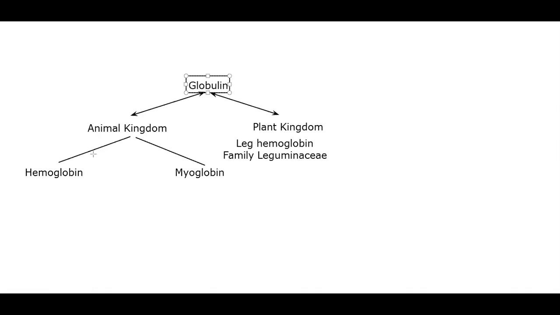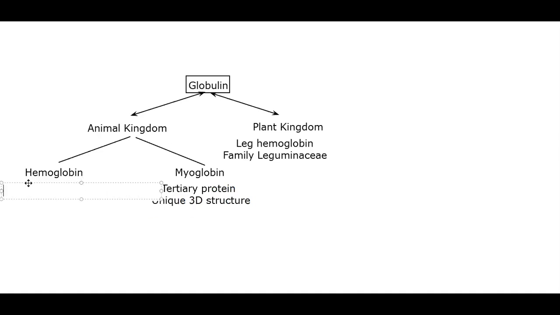Now when you look at the structure of hemoglobin and myoglobin, what you find is that myoglobin is a tertiary protein. As it is a tertiary protein, it assumes a unique three-dimensional structure, which is functional in nature. Whereas hemoglobin is not a tertiary protein.